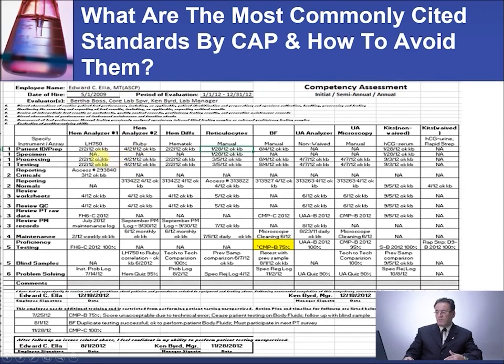So how do you do the competency? I will do just one for you here, and you can follow with me and do the rest. If you have a patient ID preparation, you put the accession number for that. If you do specimen collection, you put the accession number for that.